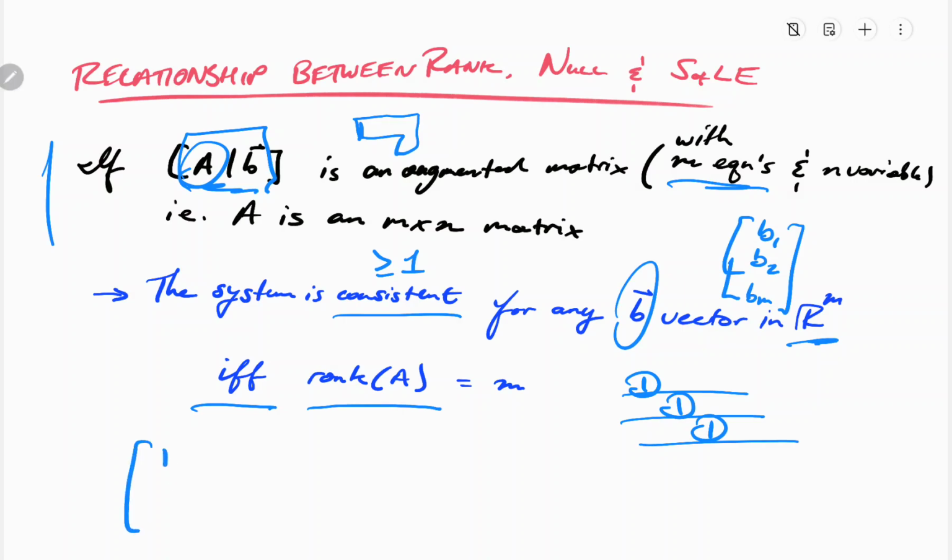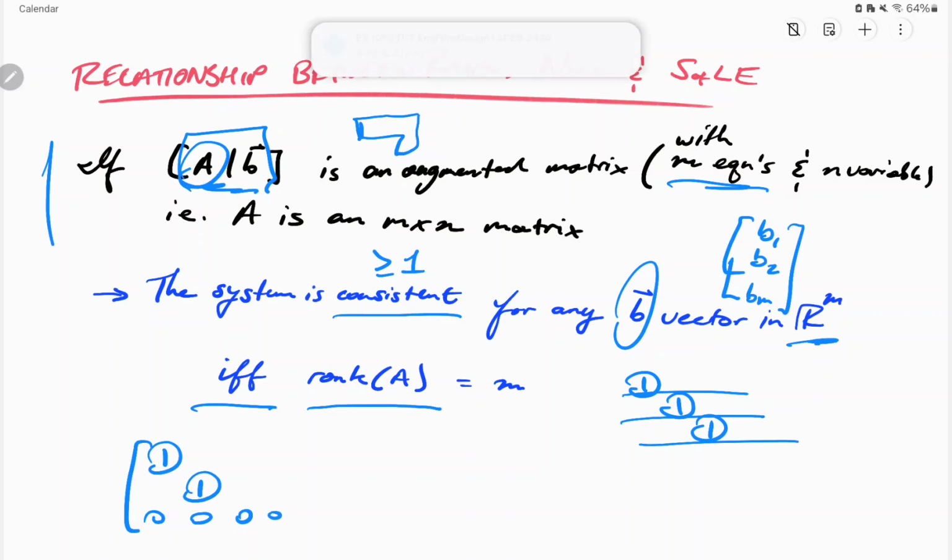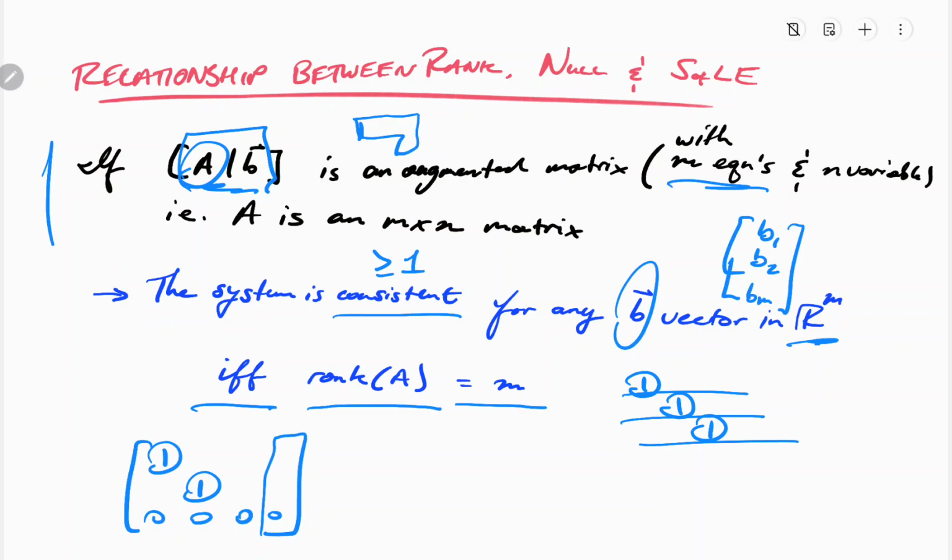So if I were to have a reduced row echelon form that had 2 leading ones and then a row of zeros, that means that the rank is not equal to the number of equations. So that means for some column constant vector, there will be one of these vectors that exists that will make the whole solution inconsistent.